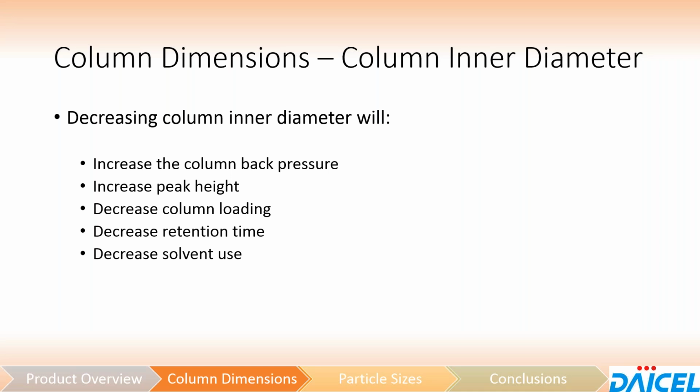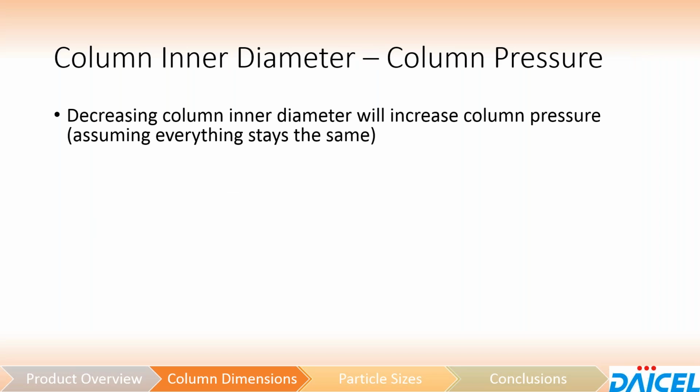I have a caveat to that, because I said this assumes the flow rate stays the same, but in practice, we often scale the flow rate in order to equalize the pressure, and we'll discuss that later on. But for now, imagine a scenario where the flow rate stays the same across these different IDs.